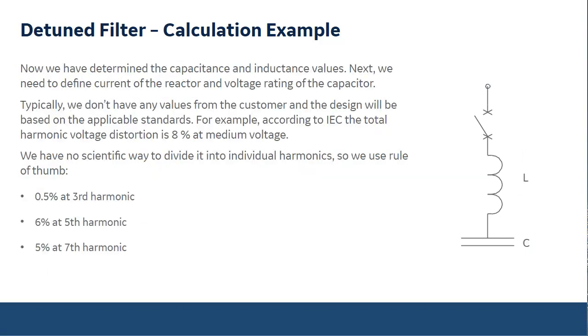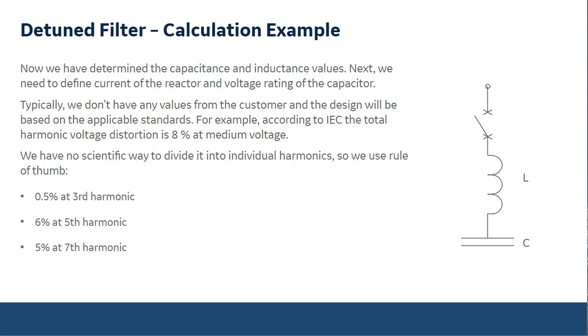Next, we need to define the current of the reactor, which is the most critical point for the reactor, and the voltage rating of the capacitor. Typically we don't get these values, and as it is a detuned filter, we have to use IEC or IEEE. In this example, I have followed the IEC way.